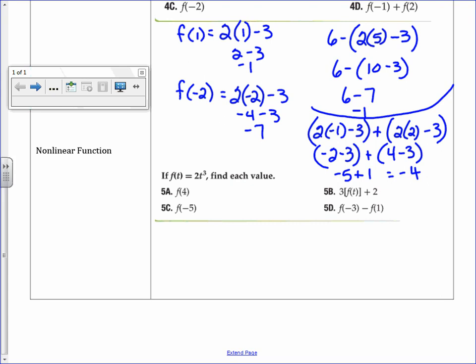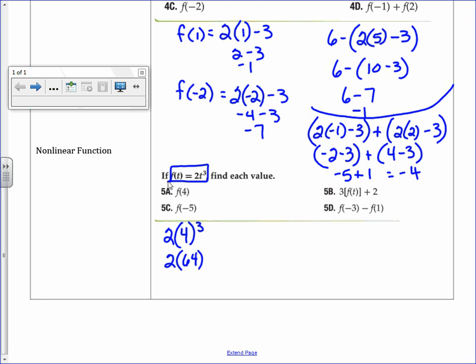So I have f of 4. Here's my function right here. F of t equals 2 times t to the third. So if I have f of 4, I have 2 times 4 to the third. And I go ahead and figure that out, and I have 2 times 64.